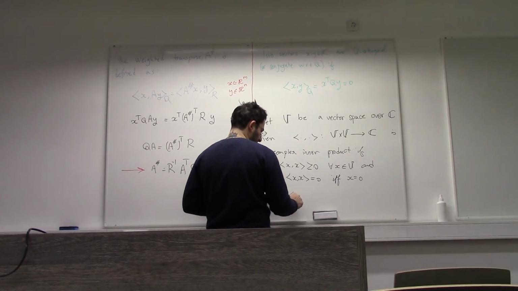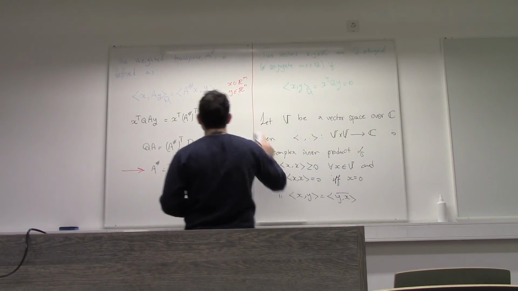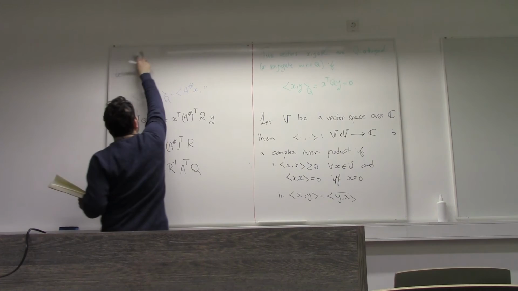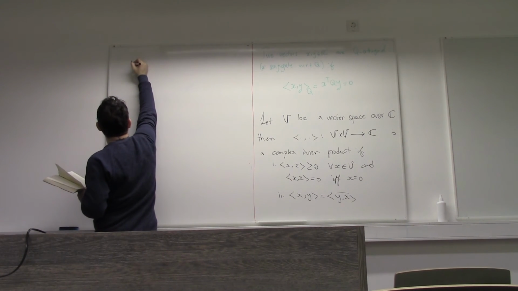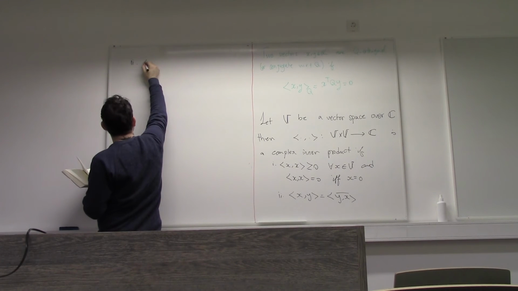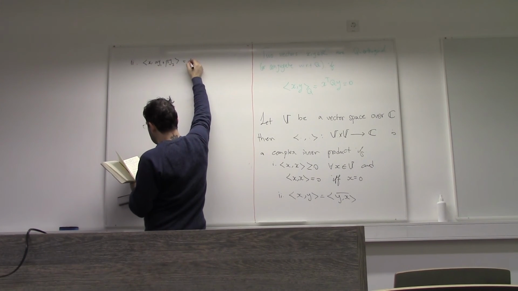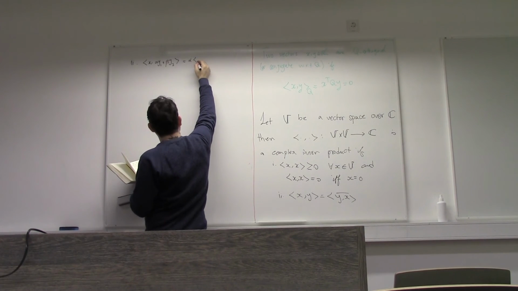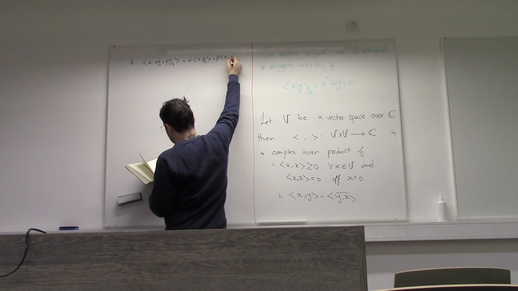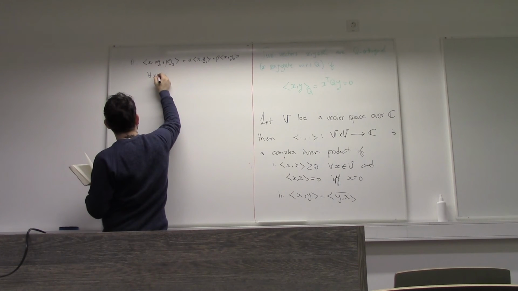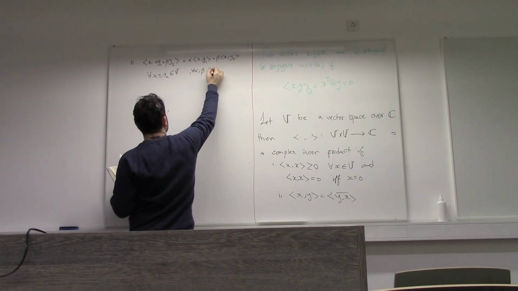Second one, the inner product of X and Y is the complex conjugate of the inner product of Y and X. And the third one is the inner product of X with alpha Y1 plus beta Y2 is alpha times the inner product of X and Y1 plus beta times the inner product of X and Y2, for all x, y1, y2 belonging to vector space V, and alpha and beta complex numbers.